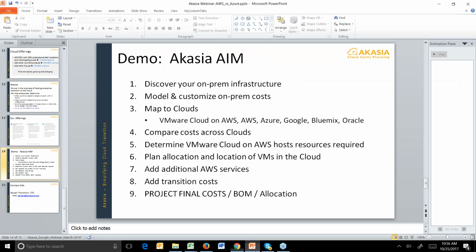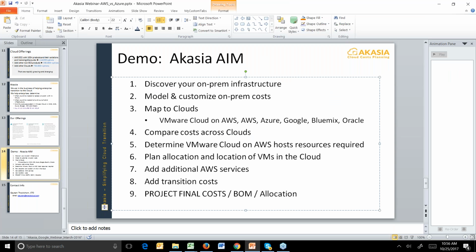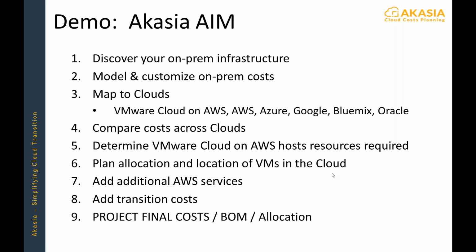So let's get back to my presentation. Let's see, what did I do so far? I'm kind of wrapping up my demo, as you can see. What I did was I talked about discovering your on-prem infrastructure. We model and customize on-prem costs. We come up with a basic generic cost, and you can override that with your own particular cost. We map to different clouds.